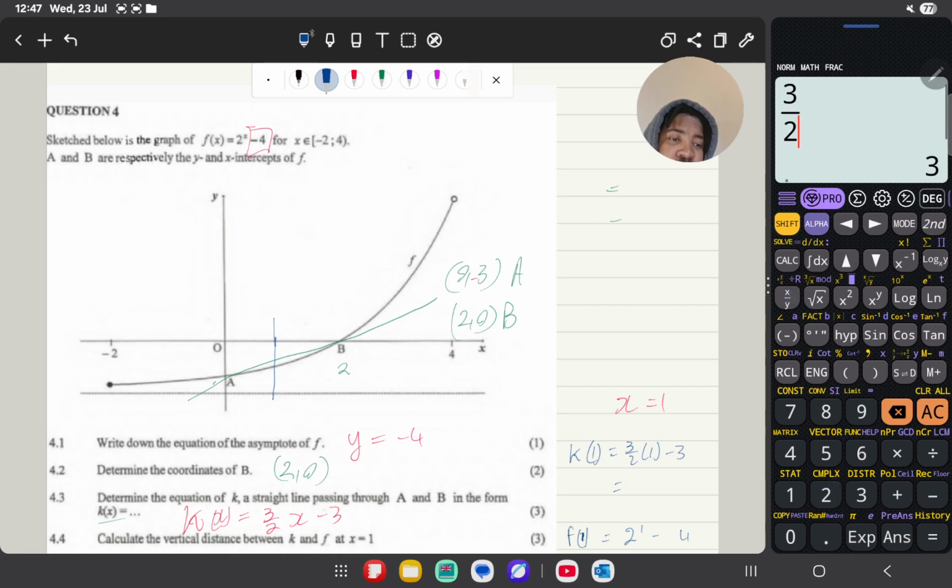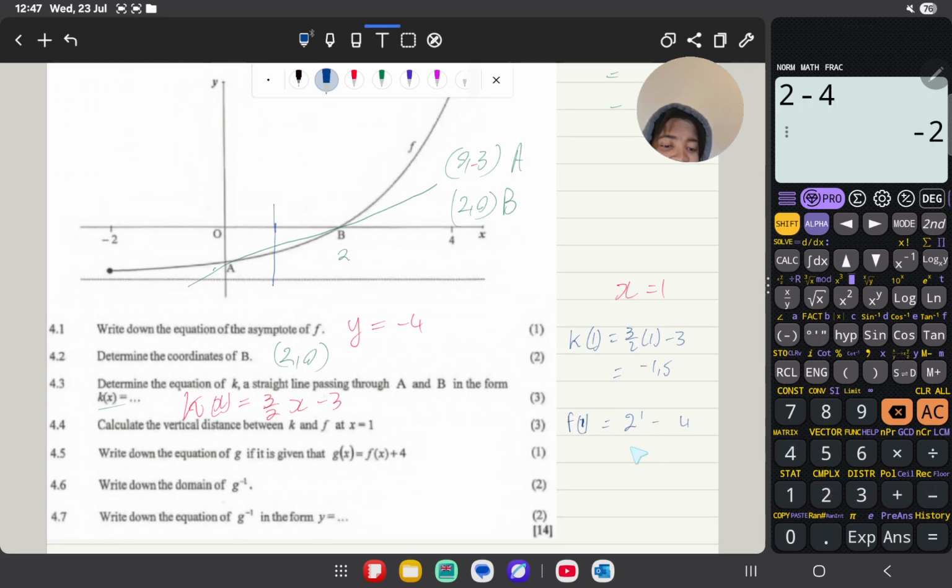3 over 2 multiplied by 1 is just the same. So we have minus 1.5, which is 3 over 2 minus 3. And then 2 to the power of 1 minus 4, that is minus 2, right?